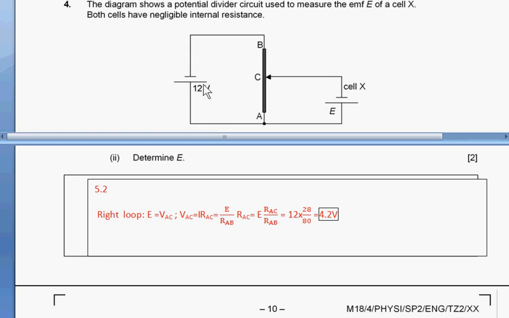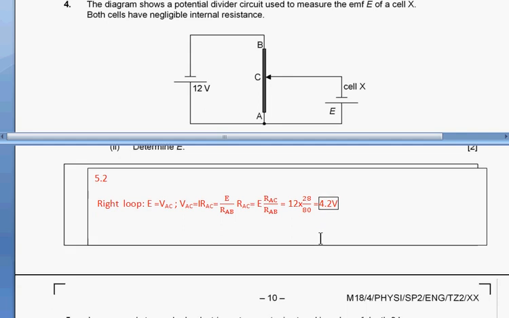Current through the left loop equals EMF divided by resistance, and it is 12 amperes, multiplied by our resistance, which gives us 4.2 volts.